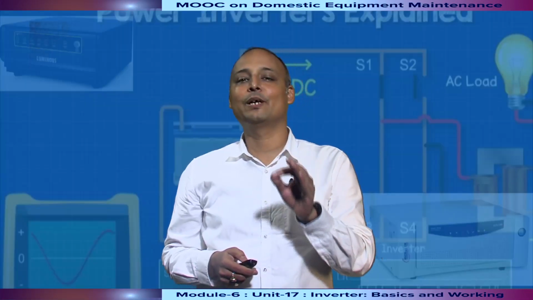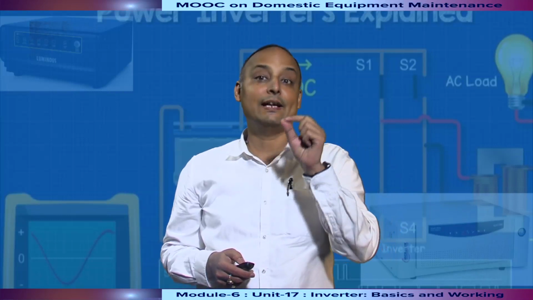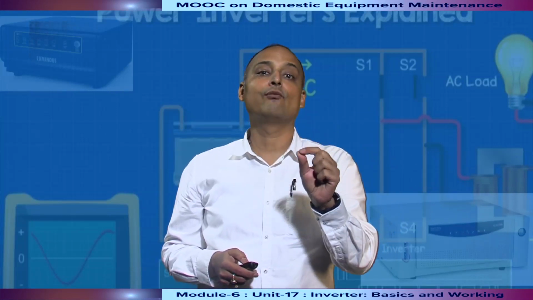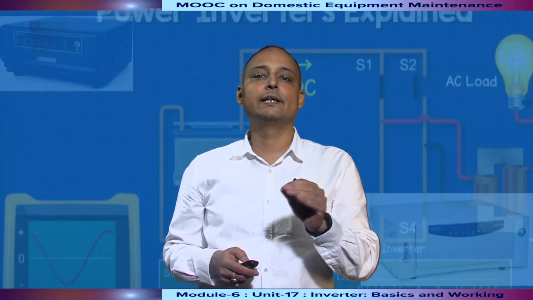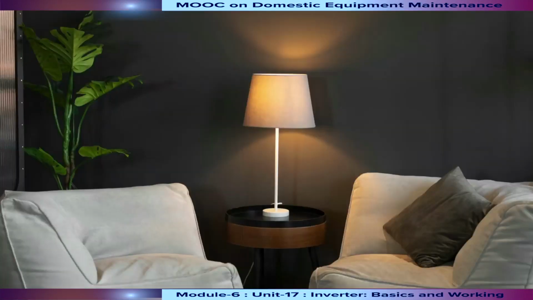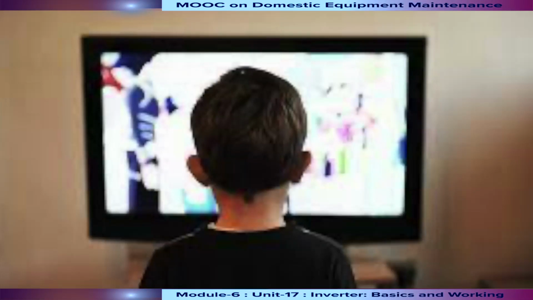The output of the inverter is a sinusoidal waveform, which is an essential feature of AC power. This waveform is then used to power various devices in the home, such as lights, fans, TVs, and other electronic appliances.